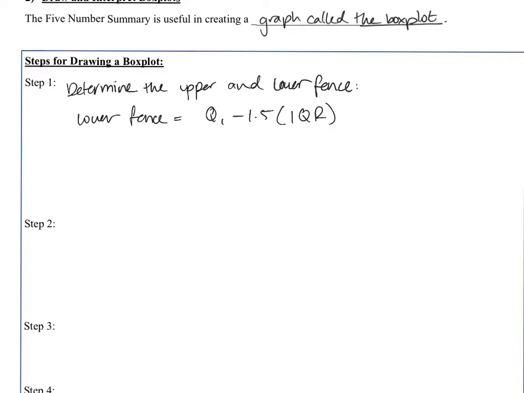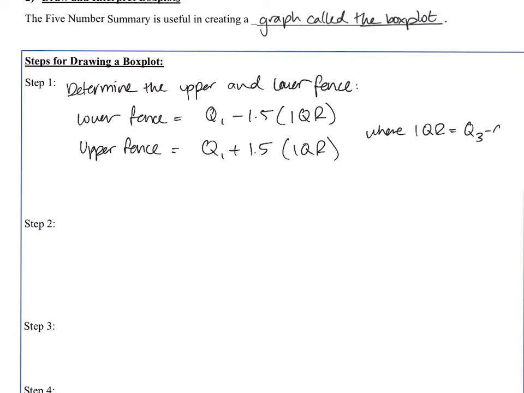And then for the upper fence, it's going to be pretty much the same thing, but you're adding to get the upper one, where the IQR is Q3 minus Q1.